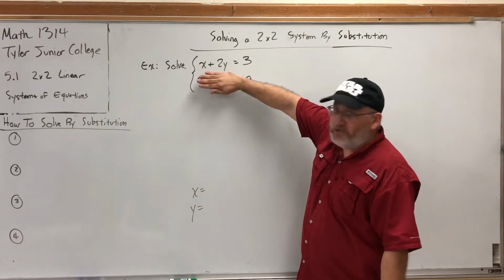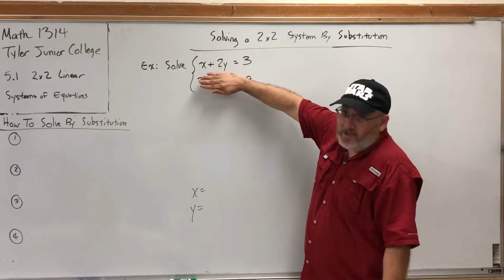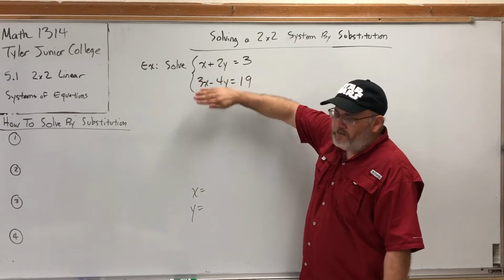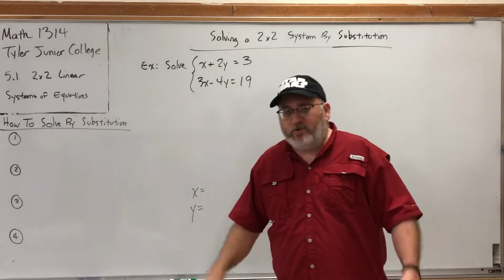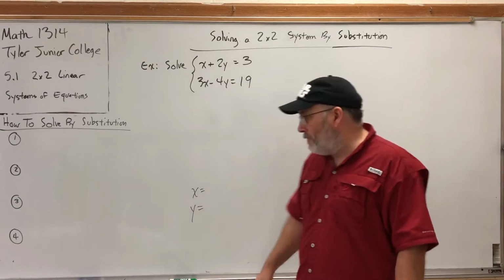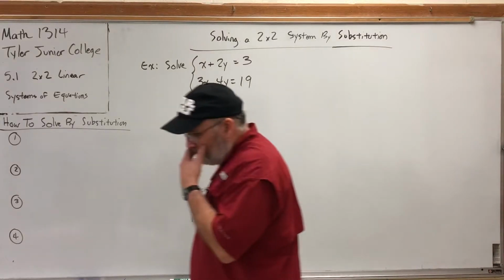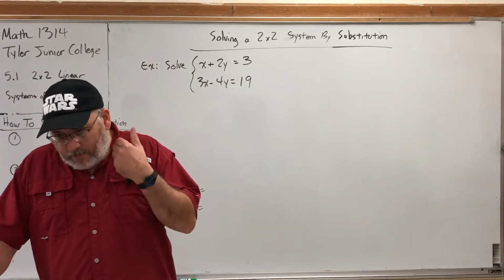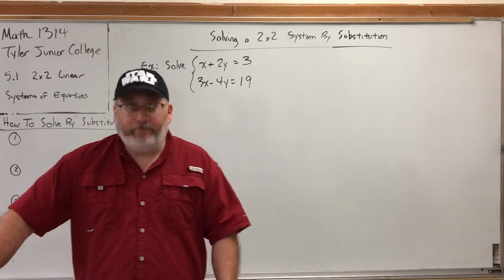I could solve the first equation for x easily, and I could solve the first equation for y, but neither one of those approaches would tell us what x equals or y equals numerically. So we have too many variables at once. That's the obstacle we have to overcome.